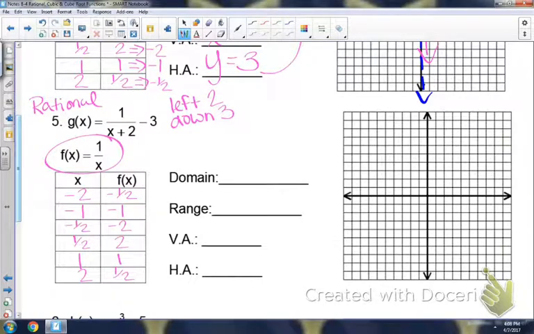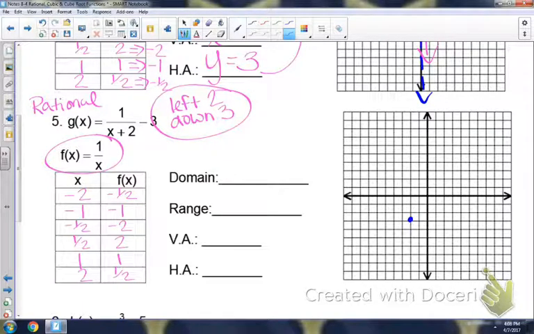Okay, so remember on the rational, you're shifting the 0, 0, the origin, which is the intersection of your two asymptotes, the vertical and the horizontal. Okay, so I need to shift left 2 and down 3. So I'm going left 2, down 3. So plot that point.